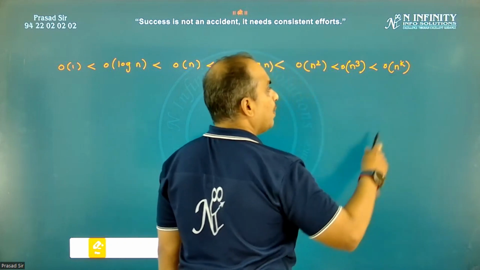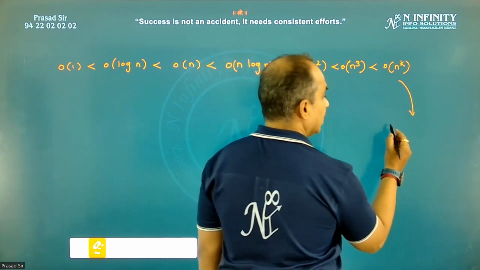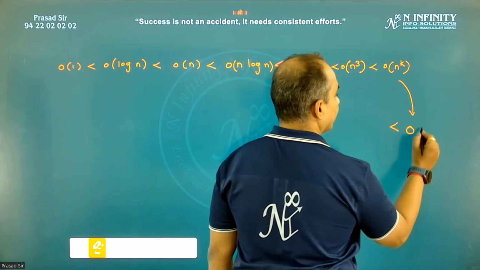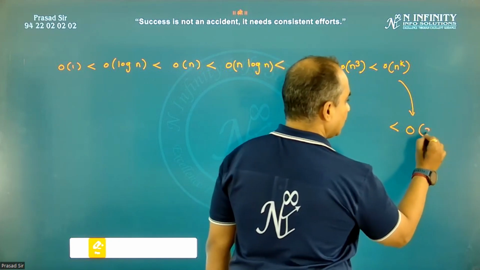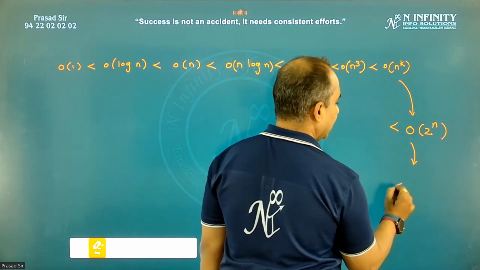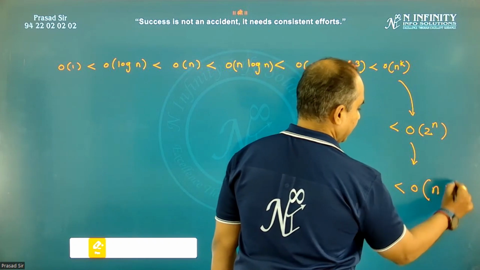Okay. And after this comes the bigger entity, which is order of 2 raised to n, and then after this comes order of n factorial, right?